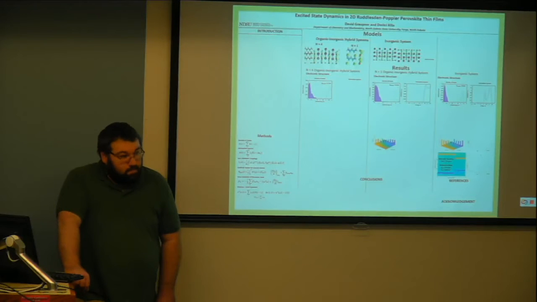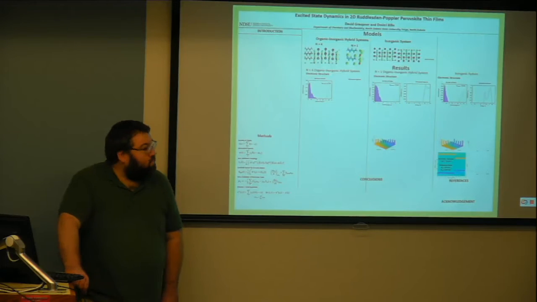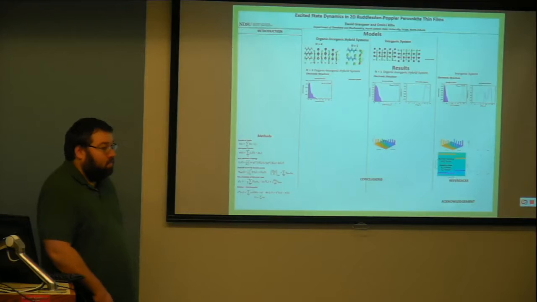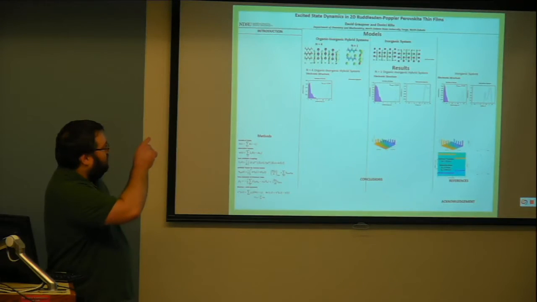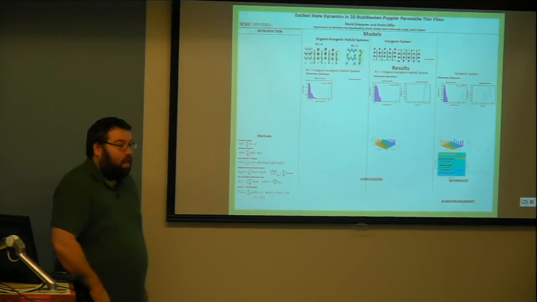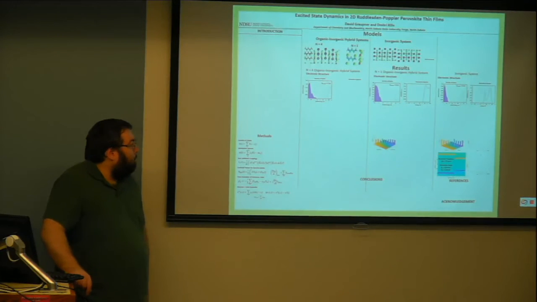Is your inorganic system the one with N equals 4? Yes. If you don't know what to talk about, that would be an easy comparison. Just point out differences in their spectra and density of states, and then all the other observables as well.